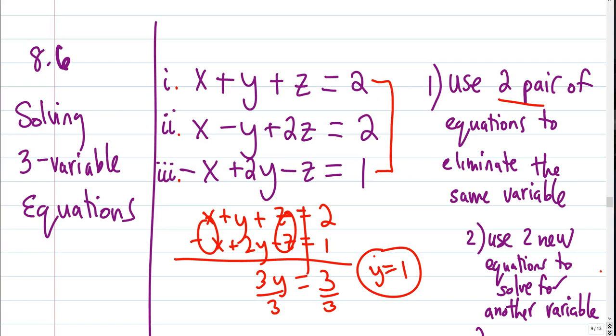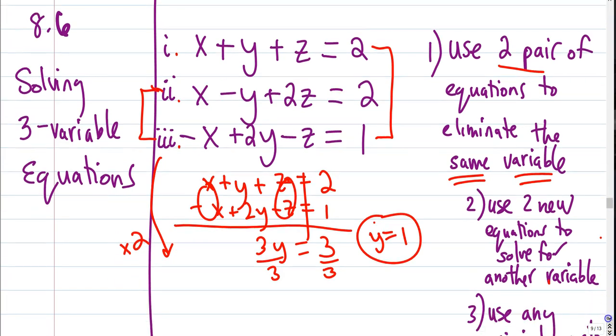I have to use equation 2. The question is, what do I want to use it with? Well, if I'm getting rid of the same variable, so I'm still getting rid of the z's, I would use equation 2 and 3 since they're already opposites, and I would just take equation 3 and multiply that all by 2. So what would that become?